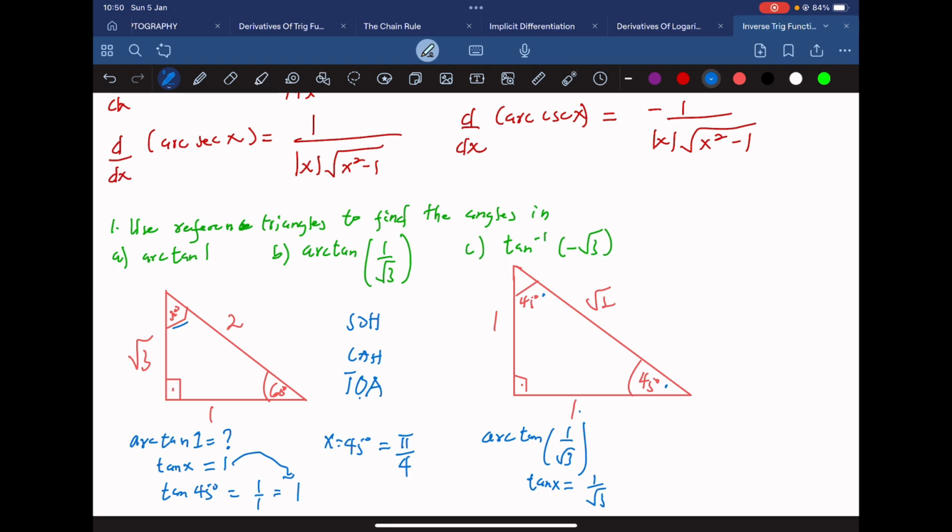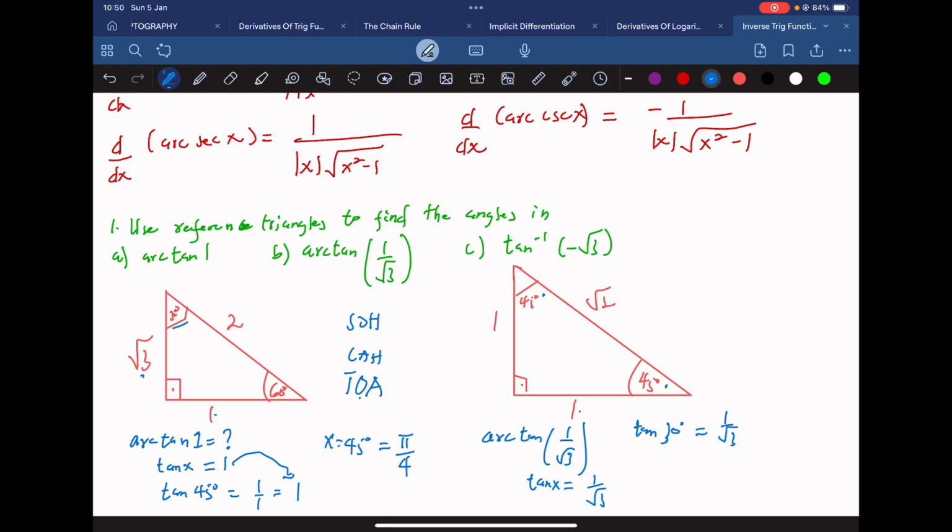Remember, opposite over adjacent. So opposite is 1 right here. Adjacent is root 3. So you see, we have tangent of 30 is equal to 1 over root 3.